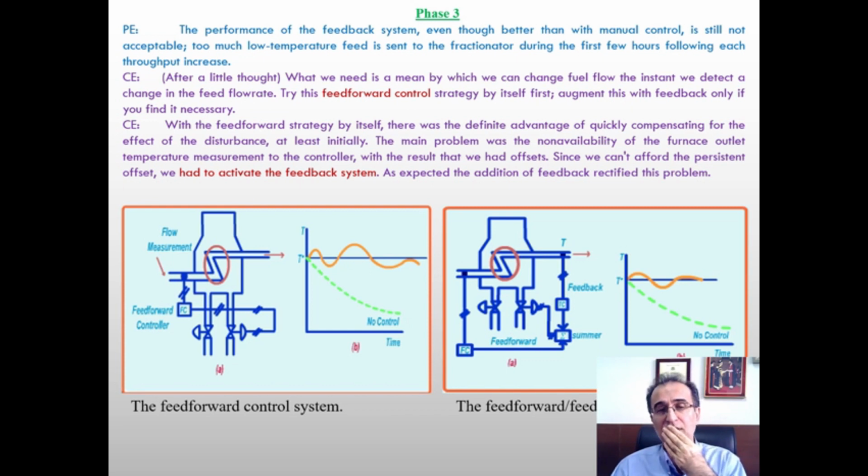The right-hand side is a combination of the feed-forward strategy plus the feedback strategy, and you will see how these are implemented, and the final action is the combination of the feedback and feed-forward ones, and you will see the result. So this is how we proceed to understand the problem and where to implement feed forward, and usually we use feed forward with feedback to be complete, and you will see a much better result with this combination. I hope this has helped you to understand better.